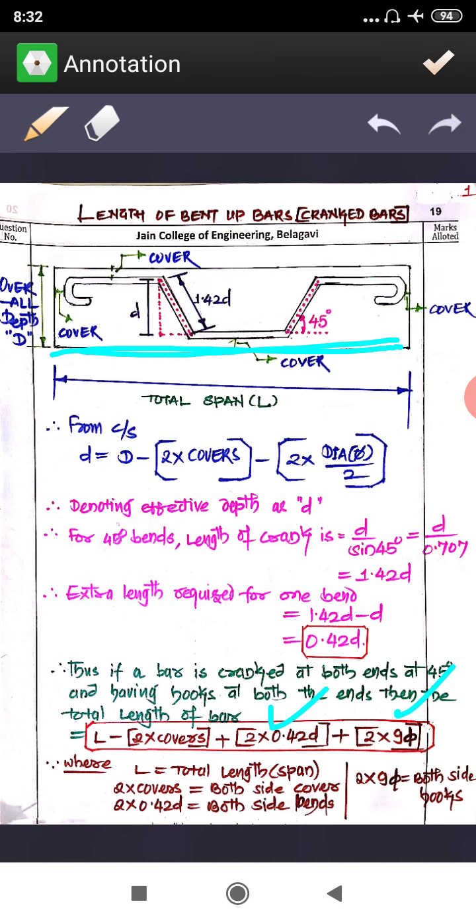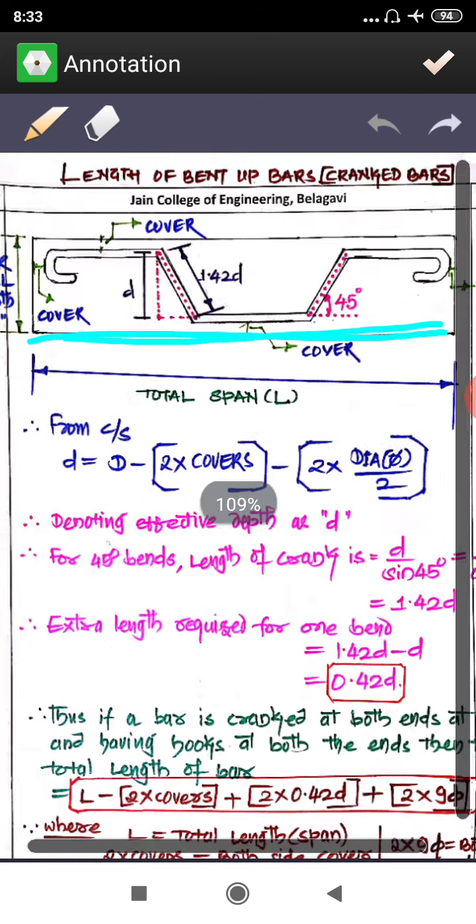The only thing remaining is how to determine this crank length for both sides. The 2 shows that you will have two side cranks here. Now I'll show you how I got that small d in the picture.